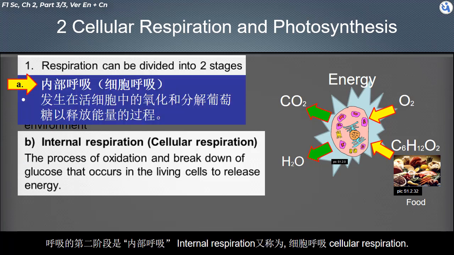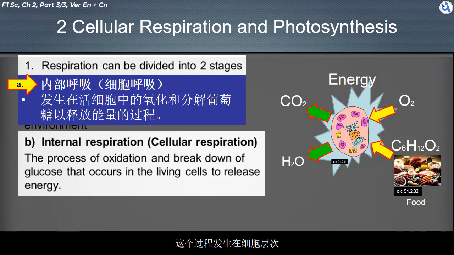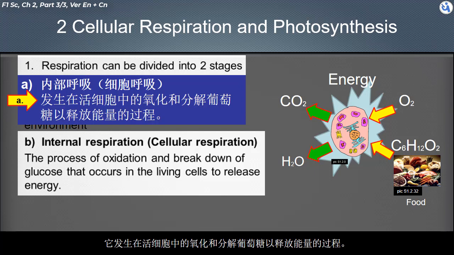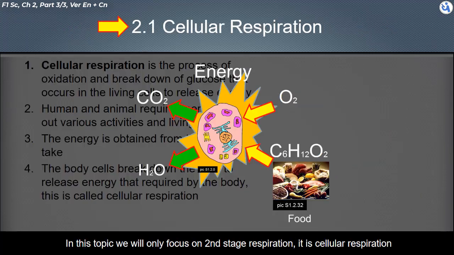In this topic we will only focus on the second stage of respiration, which is cellular respiration.